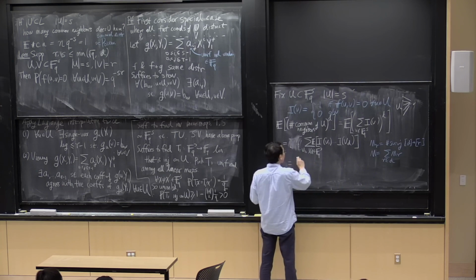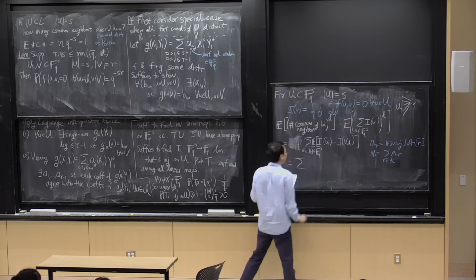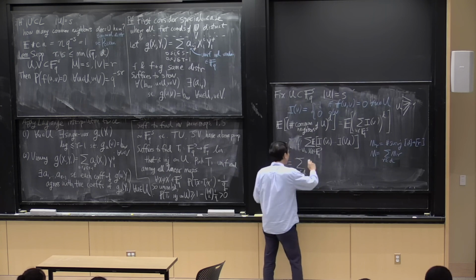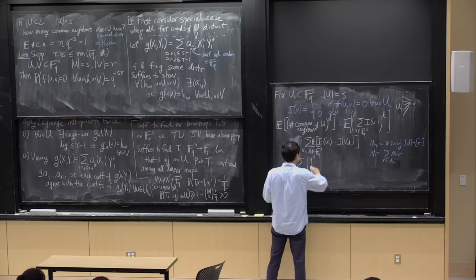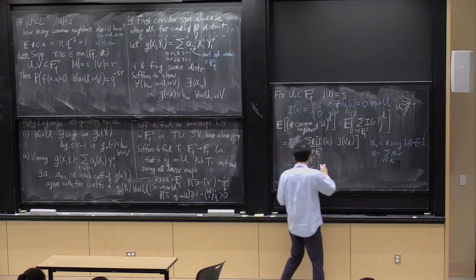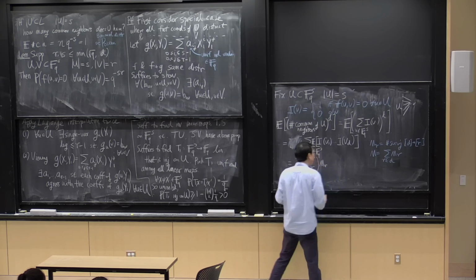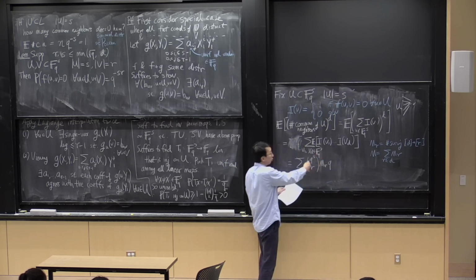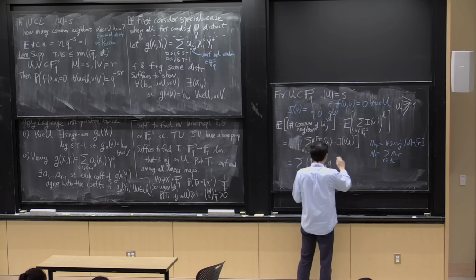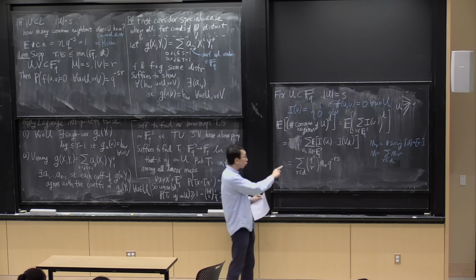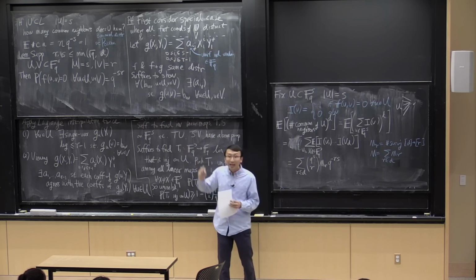Then let's consider how many distinct v values there are. If there are r distinct v values, then they take on that many possible values, with m sub r the number of surjections, and for each possible r, the exact value of this expectation is q to the minus rs, and that's exactly what we showed.